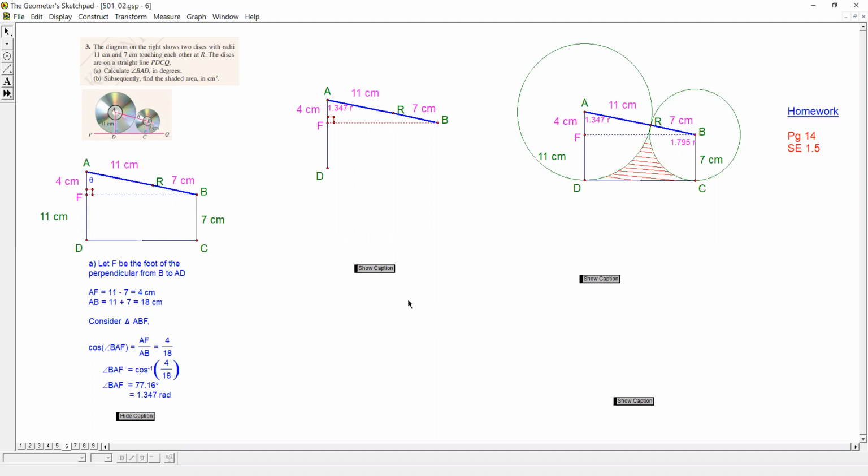If you remember what you learned in Form 4 functions, cosine is a trigonometric function. Arc cos, or cos to the power of minus 1, means the inverse function of cosine.